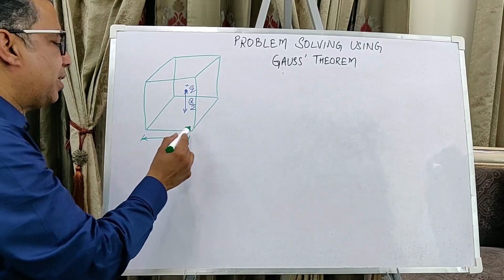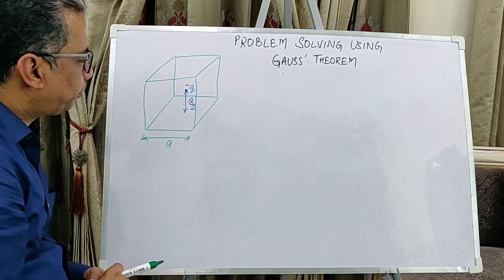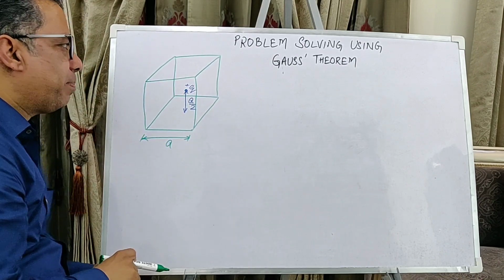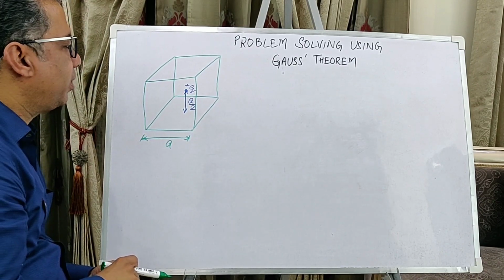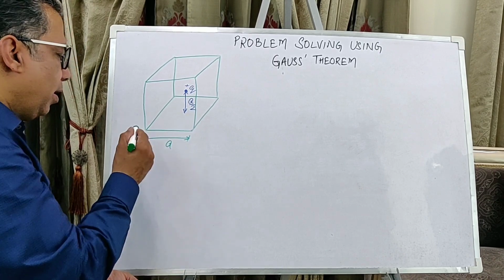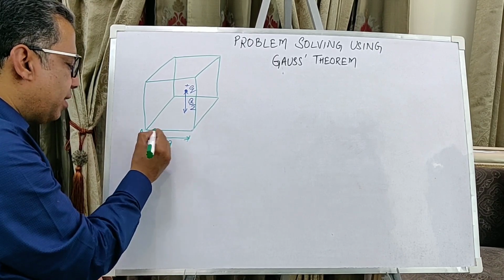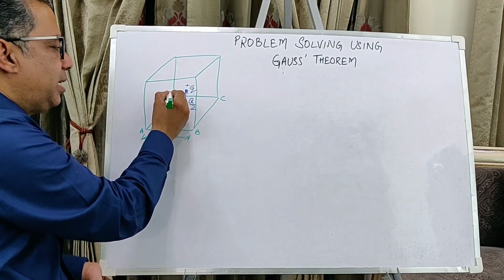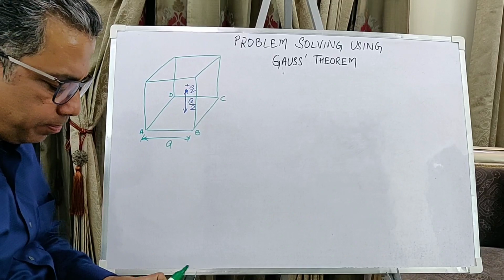This cube has a side A, and charge Q has been kept at the center of this cube. We have been asked to calculate the electric flux through the face ABCD of this cube.